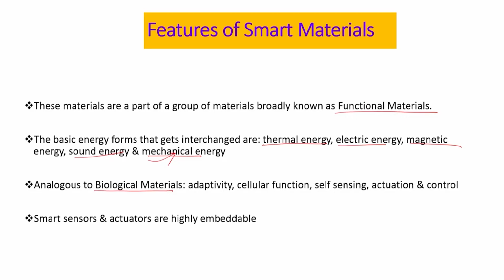The actuation part we will talk about later on. So, these are some of the good parts, and also you can embed such a system on another system. So, let us say I have an aircraft wing.